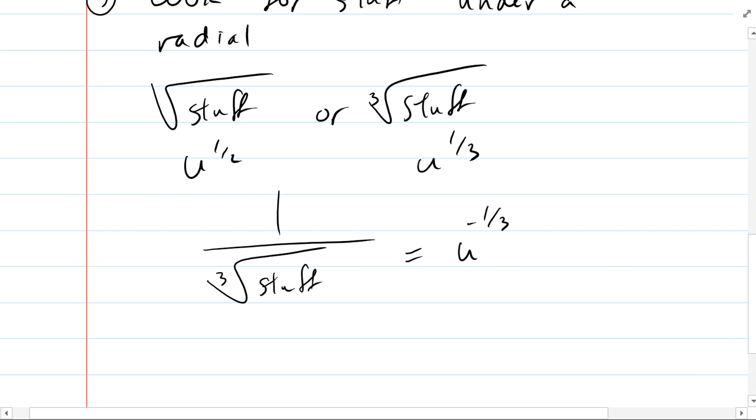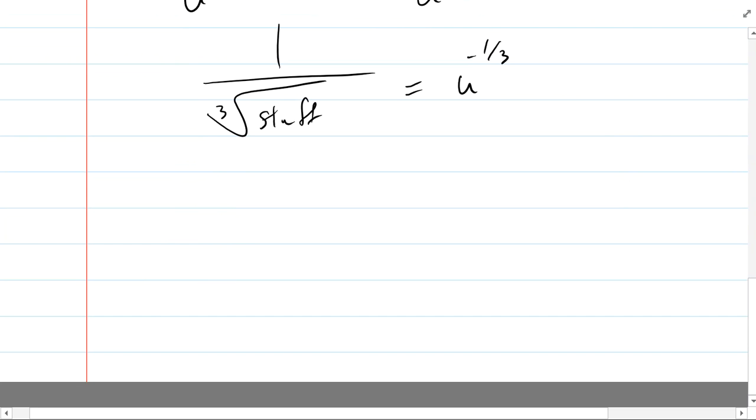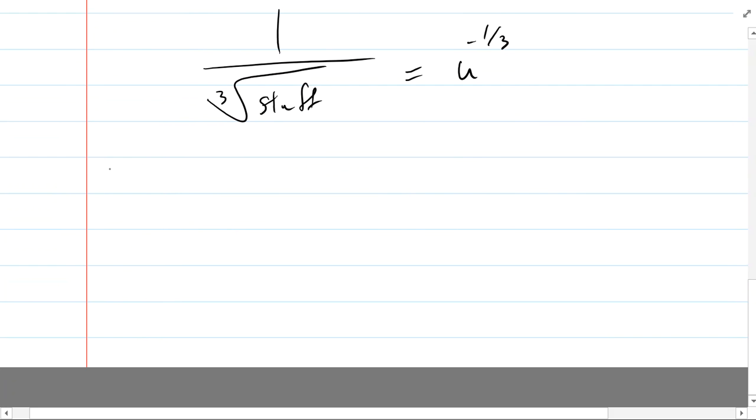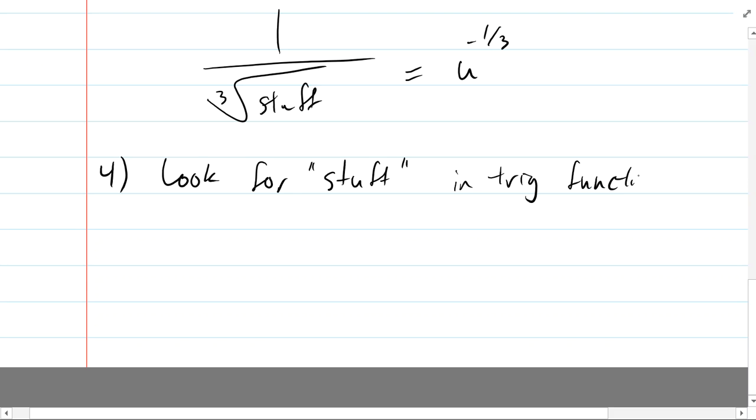And the last thing, where am I at, 4? It's look for stuff inside a trig function. Is that the angle?